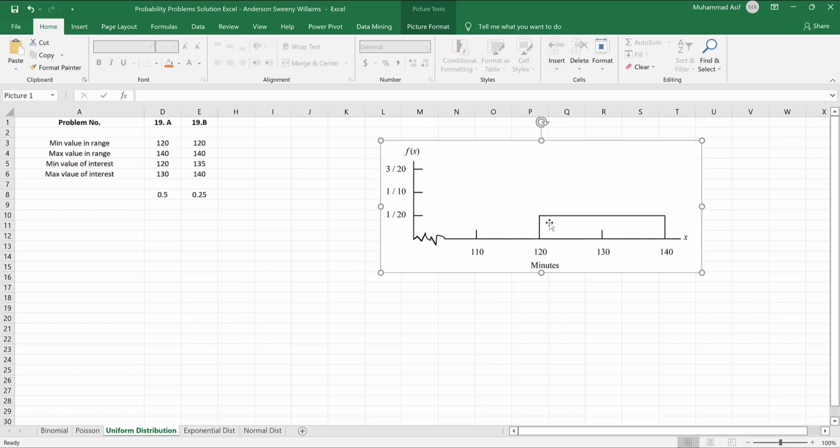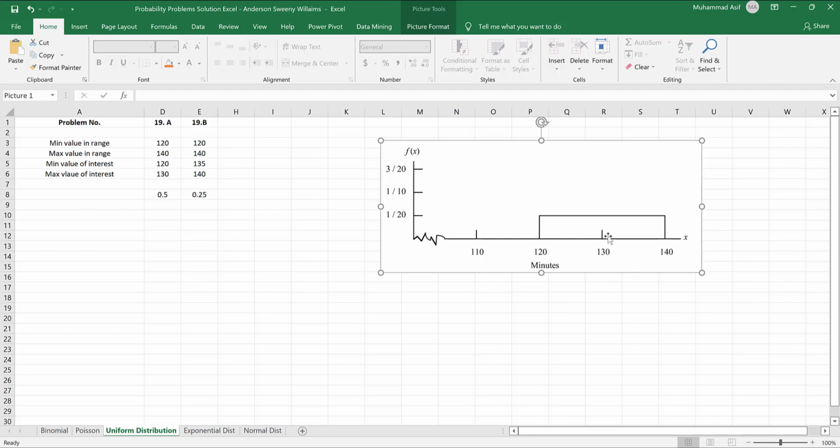Then we see where our point of interest is, and accordingly we calculate that area. In this case, we are interested in the area between 120 and 130, that the flight is no more than 5 minutes late, which means it's less than 130, so it ranges from 120 to 130.